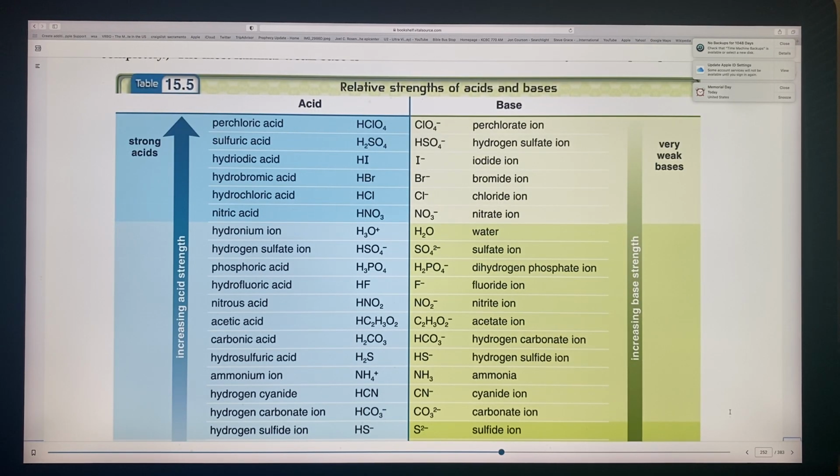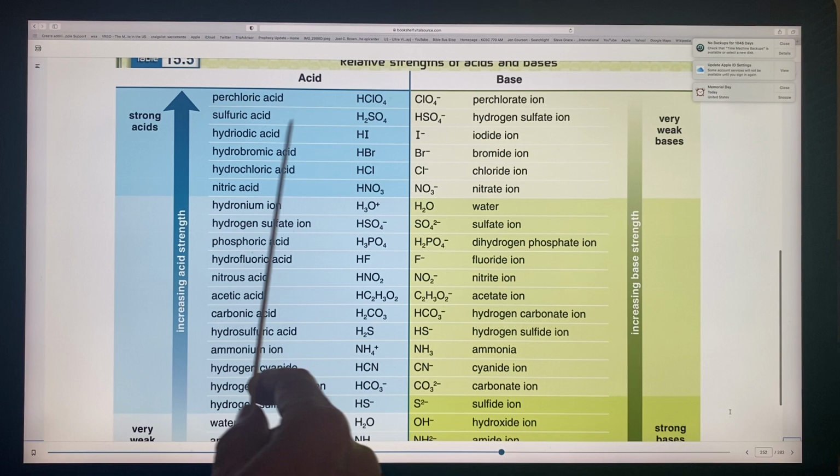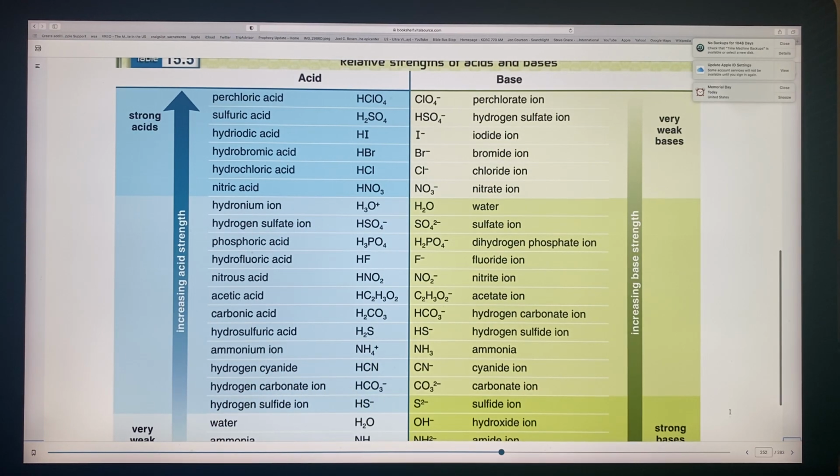The table tells which are strong acids and which are strong bases. They're always opposite, because in reaction they're conjugates and equal each other out. We have the strong acids up here, of course, hydrochloric acid, nitric acid. All these are really strong, the hydronium ion in itself, very acidic. Then we look at the bases.